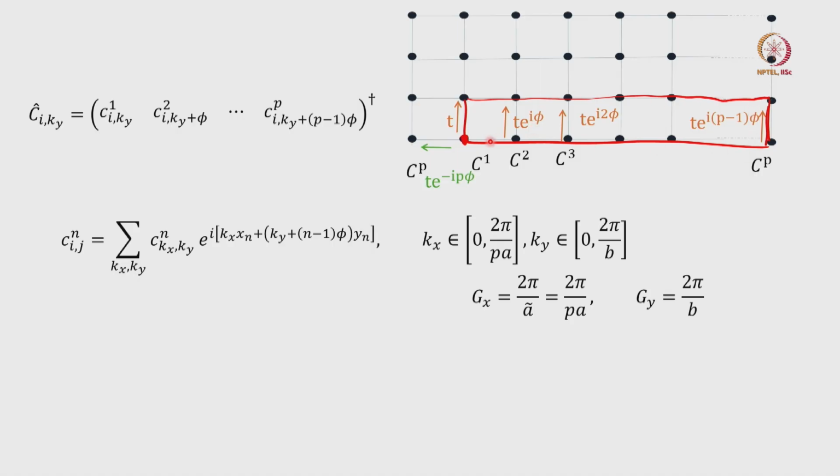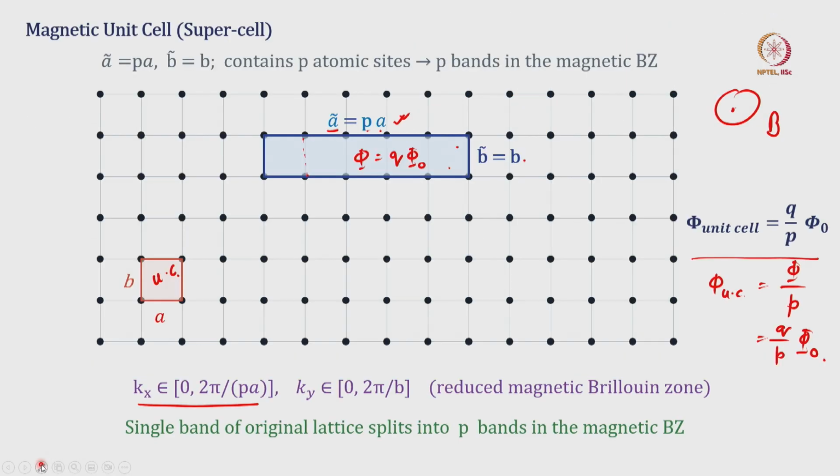here 2 pi, or the total flux is q times phi 0, but that we have divided by p times. So every unit cell, the smaller unit cell now, has flux of q pi by p, and that is what we denoted.